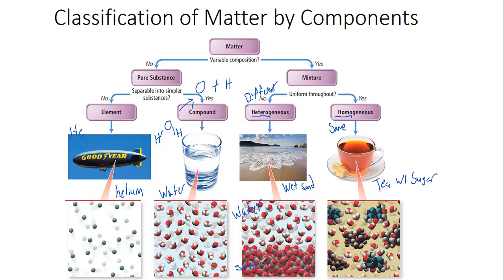While with tea with sugar, if the sugar is dissolved, no matter where I take my sample from, I'm always going to get the same ratio of tea to sugar, because when you dissolve something, it uniformly spreads. So this is a homogeneous mixture: no matter where I take my sample from, I always get the same ratio of components. It's uniformly mixed. That's the difference between our mixtures.